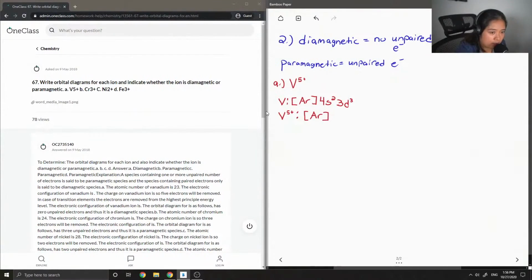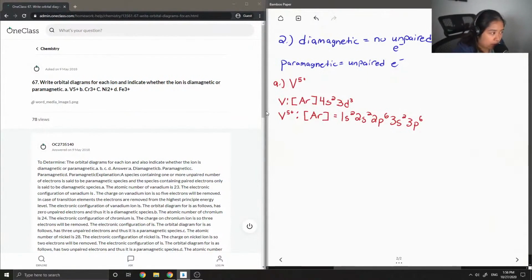So these 5 electrons are now gone, and since it has the same electron configuration as argon, I'm just going to write it in the long form, which is 1s2, 2s2, 2p6, 3s2, and then 3p6.